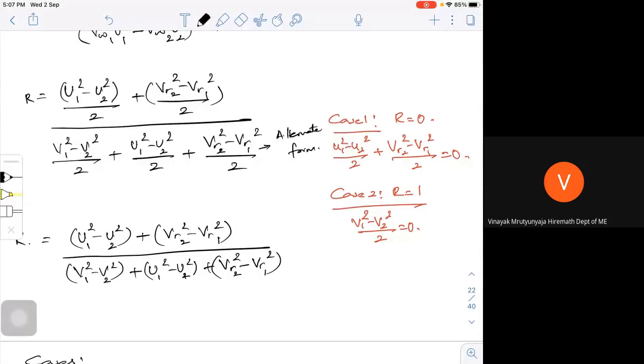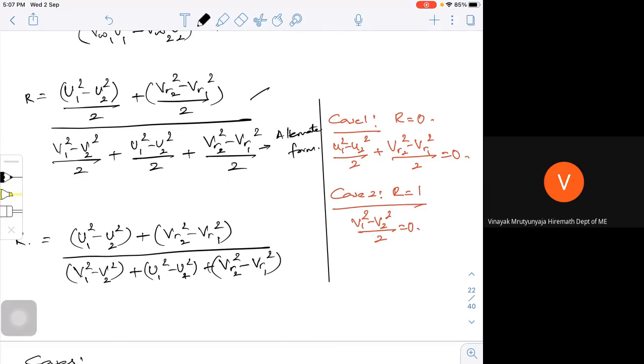Fine. For a turbine, at the inlet I have high energy, and for a compressor or a pump I have high energy at the outlet. Suppose R is equal to 0 and R is equal to 1, what will happen? You take this expression and put R is equal to 0. All these components in the denominator will become 0.